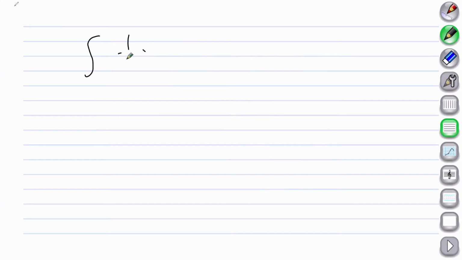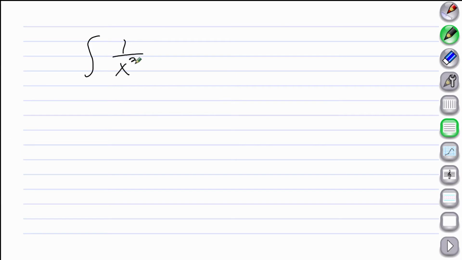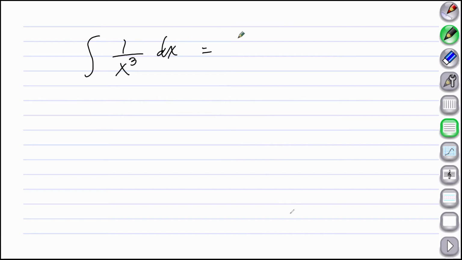How about you try this one, see if you can do this one. 1 over x cubed. It's kind of a different way because you already did your derivatives, and now this is just the reverse. So it's kind of hard. So this would be the integration of x to the negative 3.